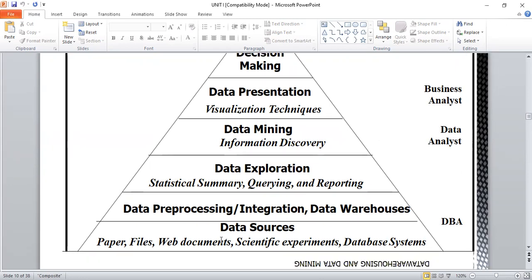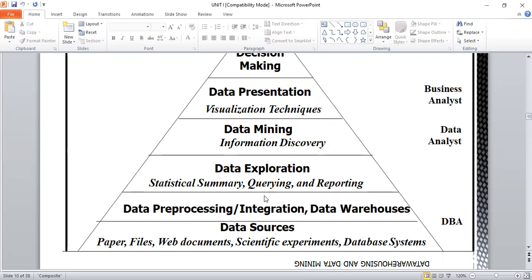Now, as we can see, the lowest step, the first step, is the data. Different data sources are available in the form of papers, files, web documents, and database systems. Then we perform data pre-processing, as we have seen in KDD also. Data cleaning is a step of it.